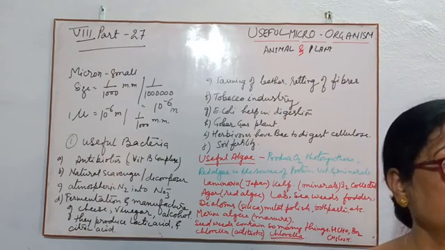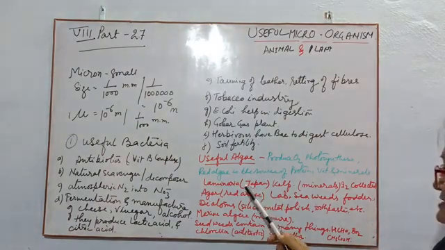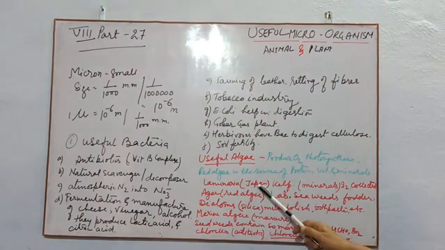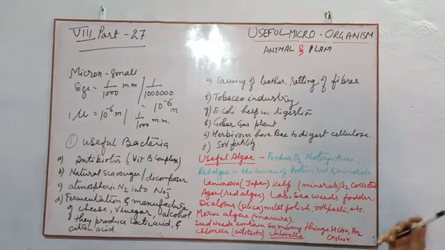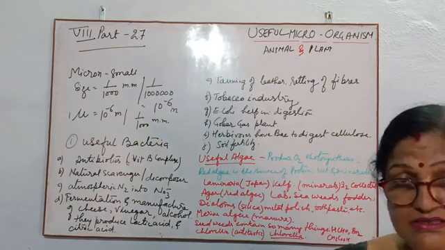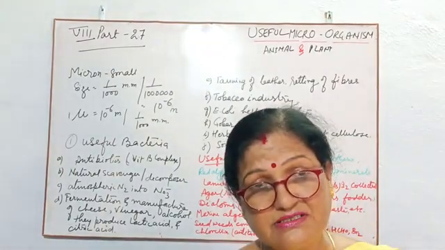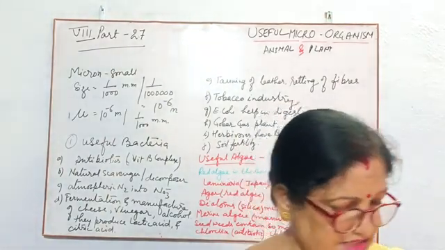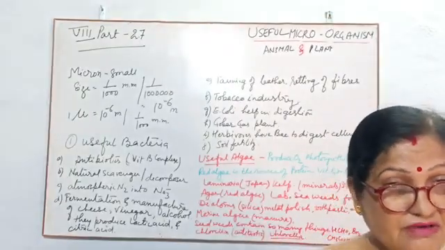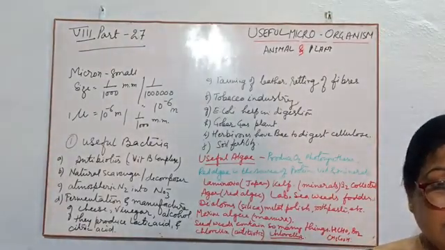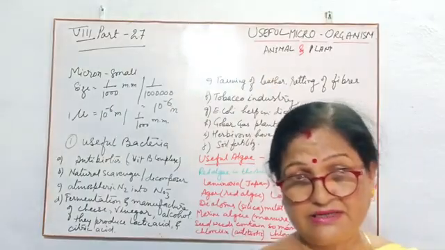Some other areas, here it is written laminaria, it is used in Japan. Wherever there is, I think in geography you have seen, that is Red Sea. Red Sea means water of the Red Sea is not red. Due to the presence of red algae, the water is giving the red color.